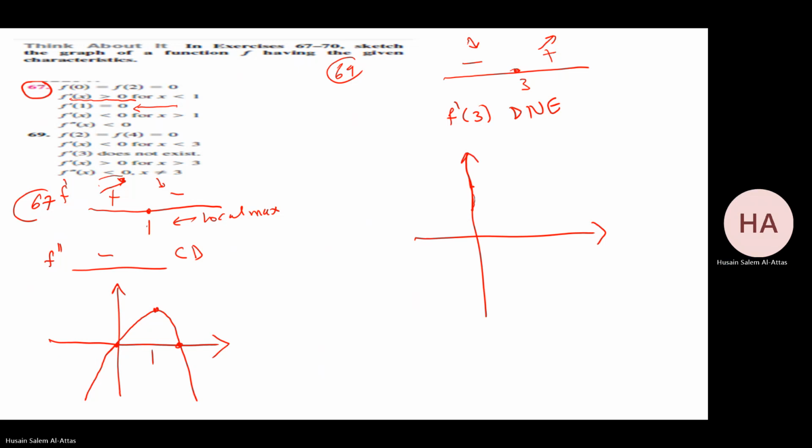I have f of 2 and 4. These are points. And before 3, it's decreasing, so it will do something like this. And it's concave down. By the way, the function is always concave down, so it will do something like this, up to a value here.